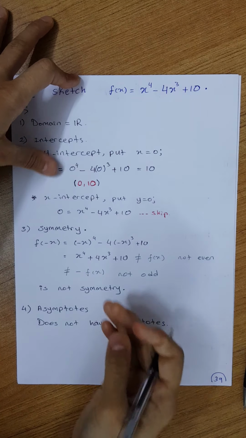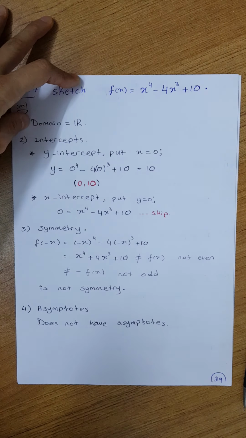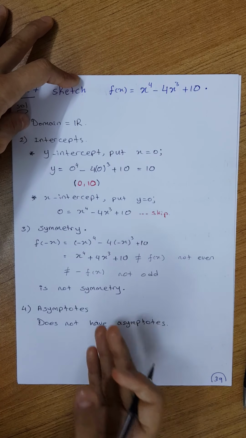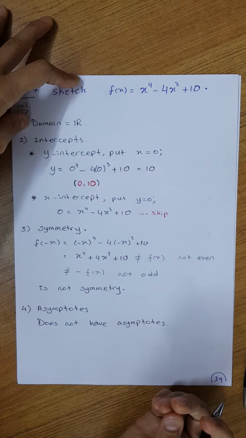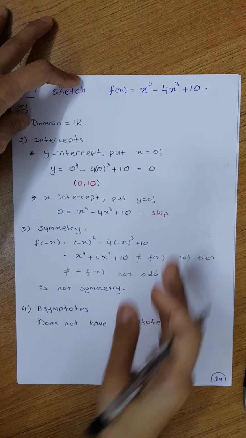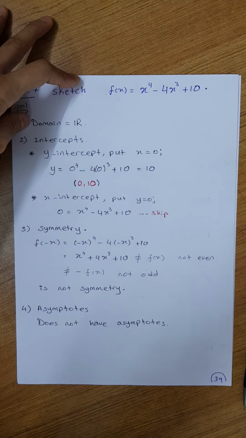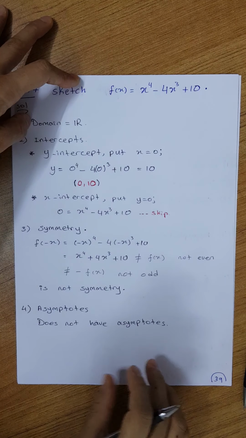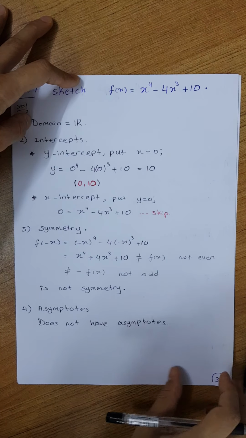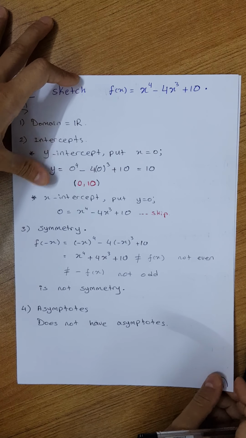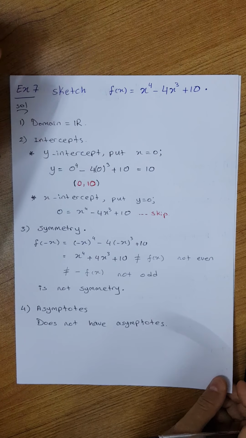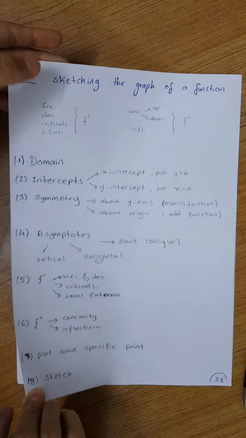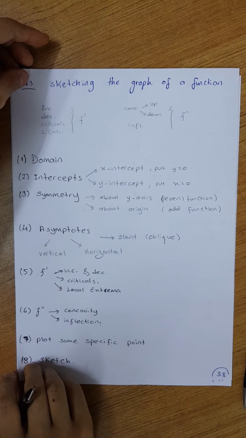Because the domain is easy, finding intercepts is easy, symmetries are easy, and asymptotes are also easy to find. In every example, if it is just a simple polynomial, you will not have asymptotes in it. Asymptotes always occur when you have got a fractional function.